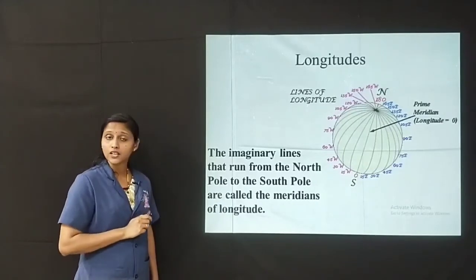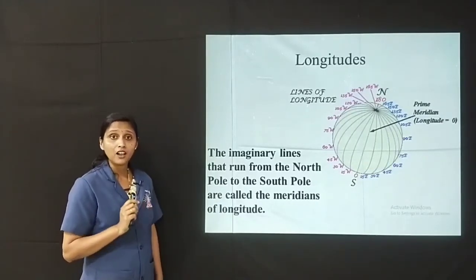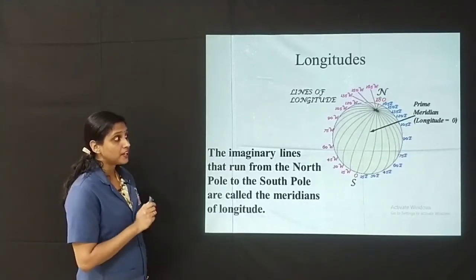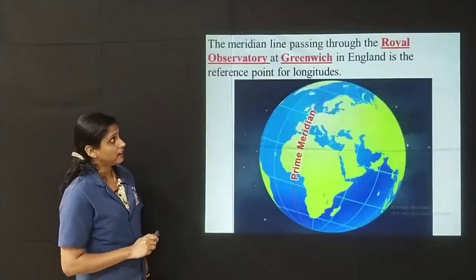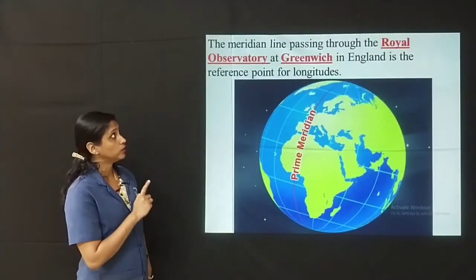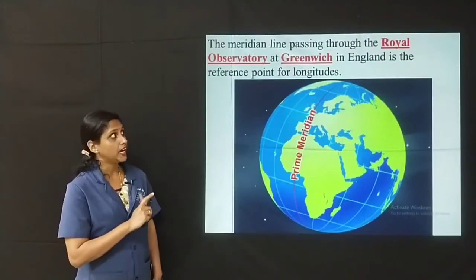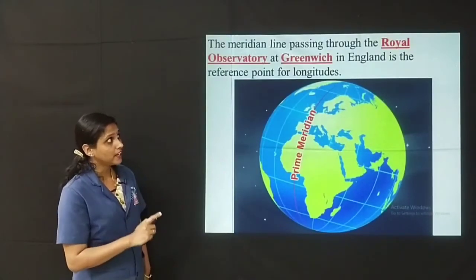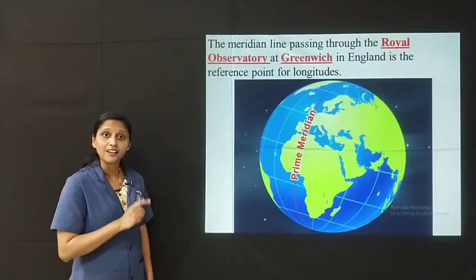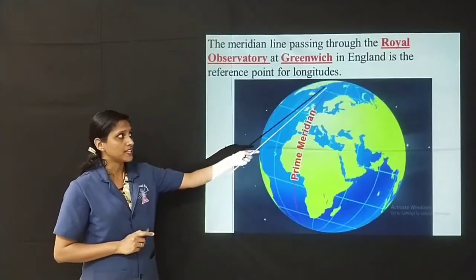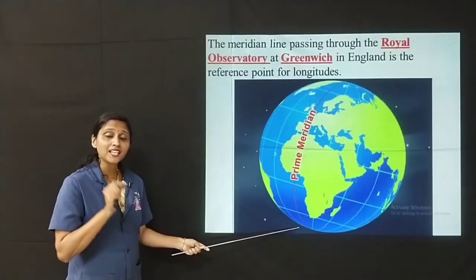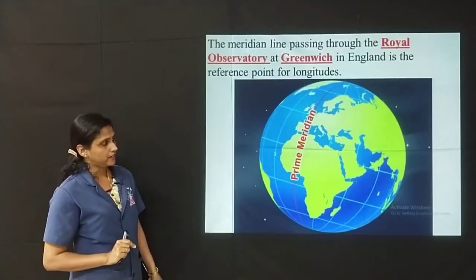Unlike latitude, there is no central longitude, but an international agreement decided that the meridian line passing through the Royal Observatory at Greenwich in England is the reference point for longitudes, and this line is known as prime meridian. So, prime meridian is referred as 0 degree meridian.